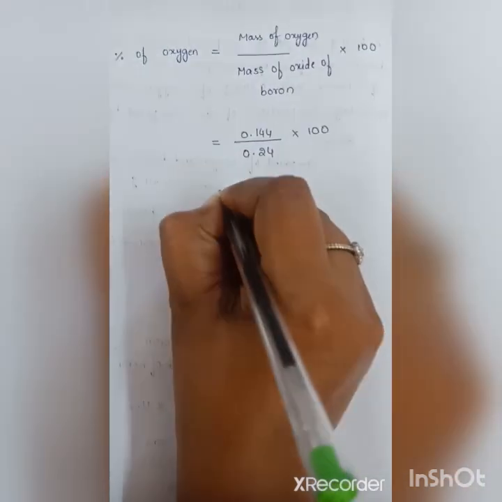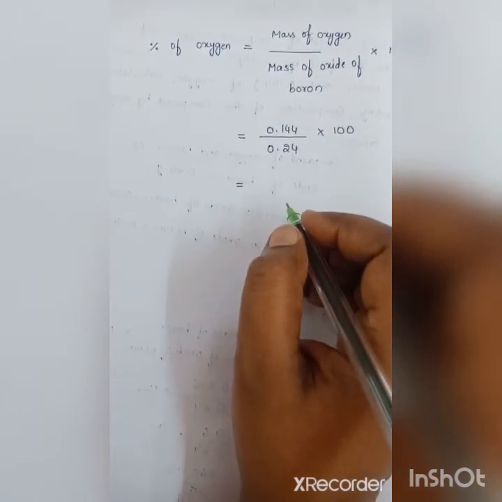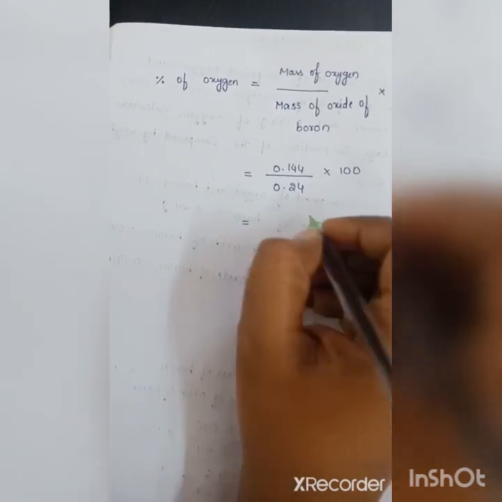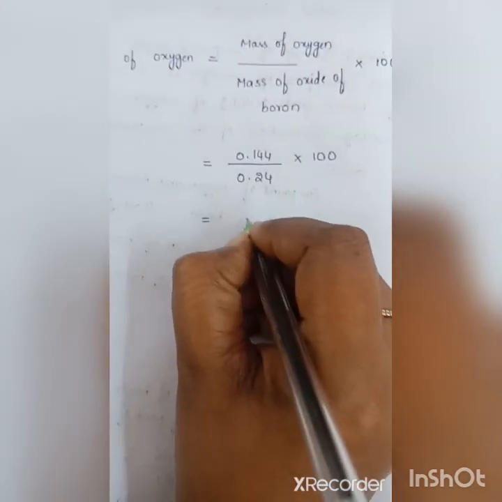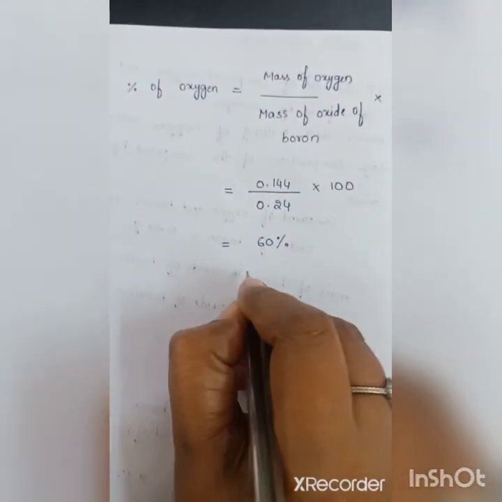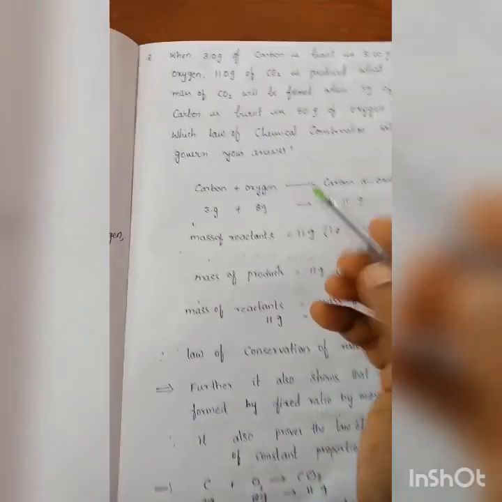Now simplify in a similar manner as I explained previously, while we calculated the percentage of boron. Then if you simplify, you will get the percentage of oxygen in the compound is 60%. So here is the answer, the percentage of oxygen.